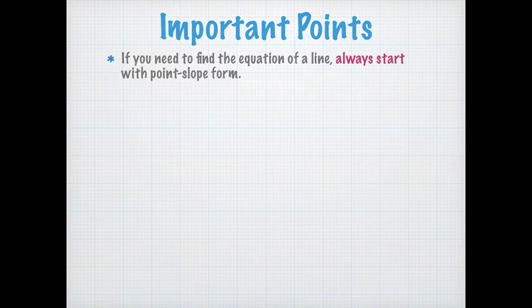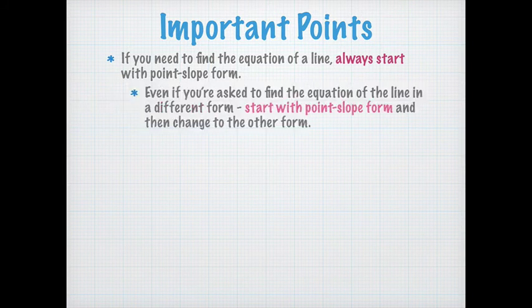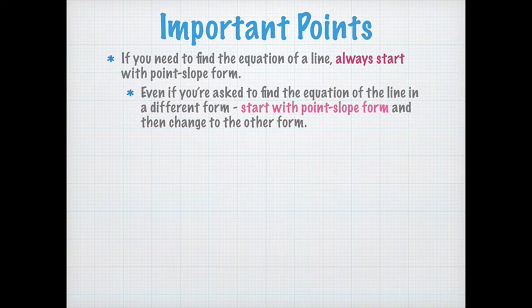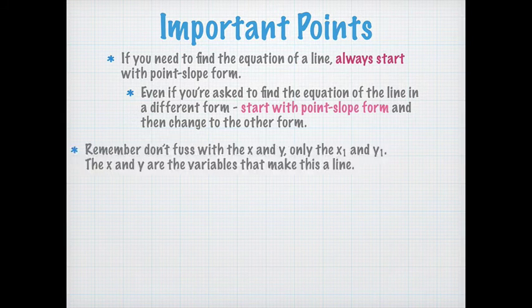So some important things to remember. If you need to find the equation of the line, I should probably say almost always start with point-slope form. Even if we ask you to find the equation of a line in a different form, for example, we say find the equation of a line in standard form, that doesn't mean you start with standard form. You always start with point-slope form and then change to the other form.